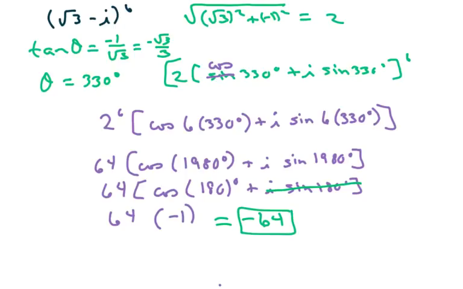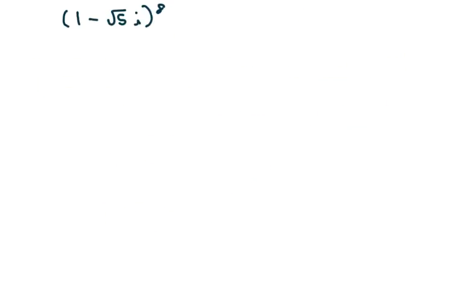Okay? And the last one we have is to the 8th power. Oh my goodness. Okay, so basically I'm going to find my magnitude, or you can say your r, and it's going to be square root of 1 squared plus negative square root of 5 squared. This is going to be square root of 6.